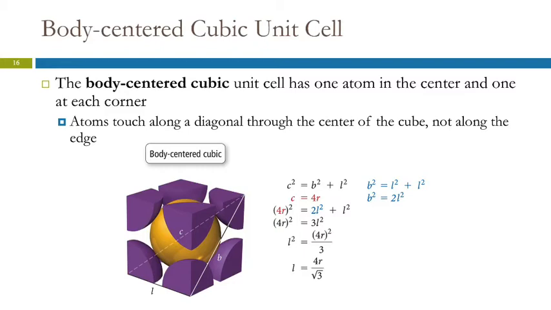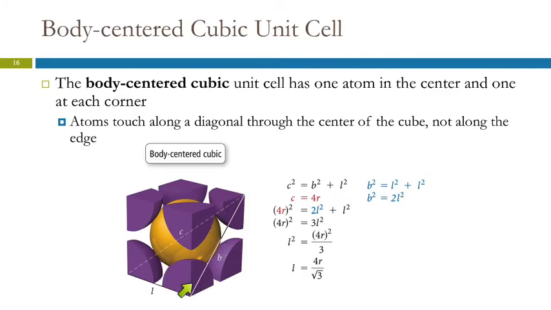We have to look at, well, where are these atoms touching? They're touching on the diagonal from one corner to the opposite corner of the cube. So that's C. So C would equal 1, 2, 3, 4 R's, 4 radii. And then we're doing some geometry here.